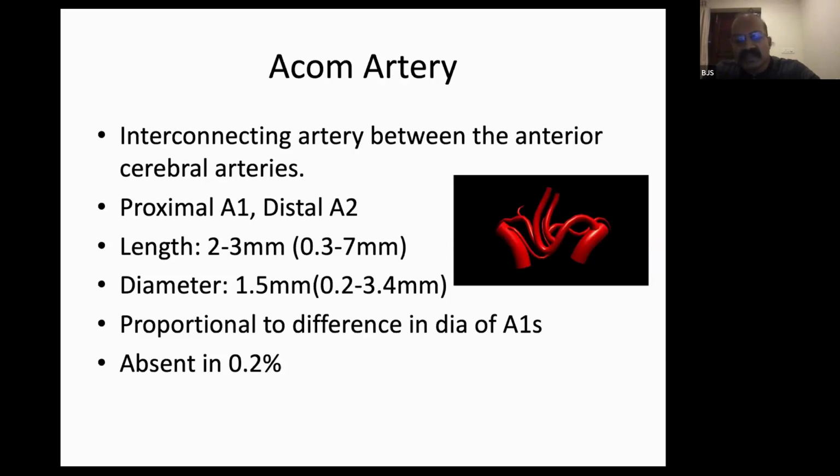So if that is the case, the ACOM can be rudimentary. But if the ACOM carries blood from one side of the ACA to both A2s, then the ACOM can be of significant caliber. Also note that it can be absent in a very small proportion of cases.